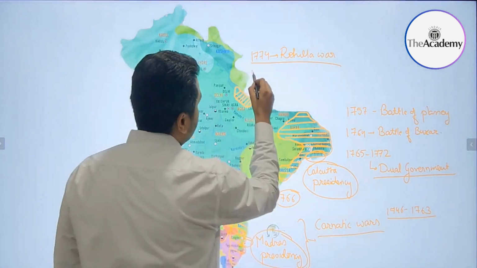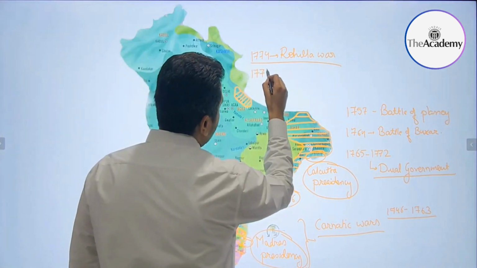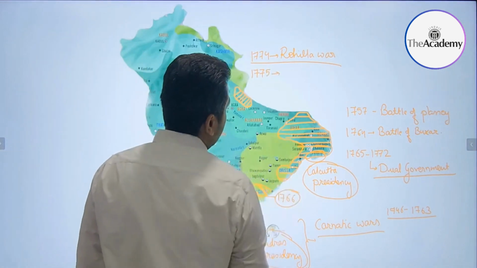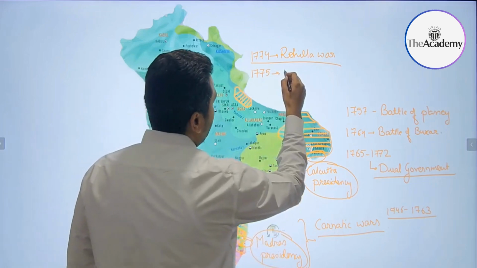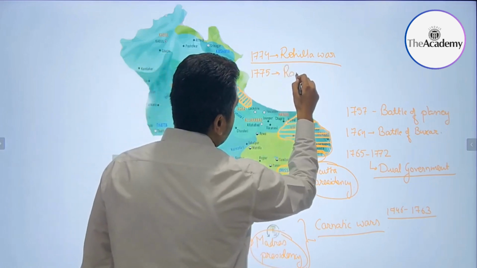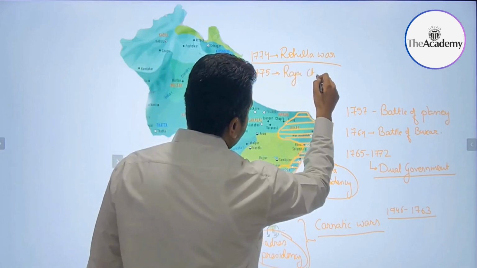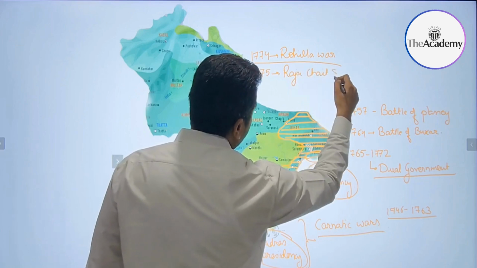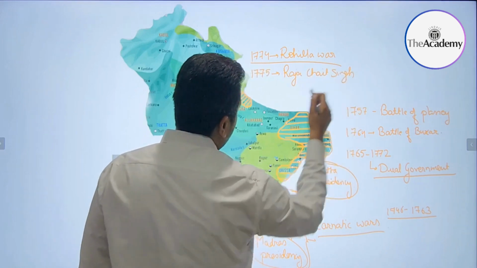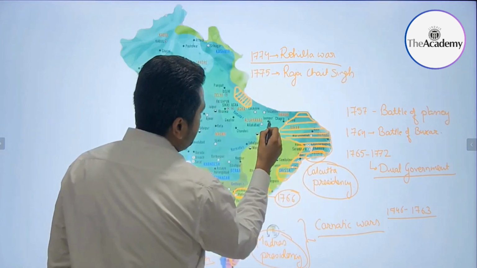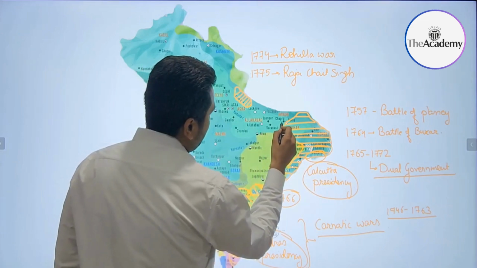Subsequently, in 1775, Warren Hastings fought with Raja Chait Singh of Banaras and annexed the region around Varanasi.